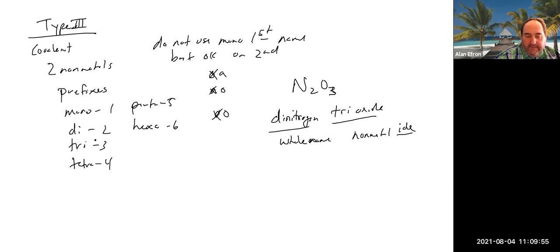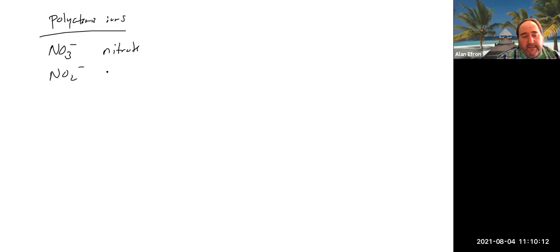We then talked about as well in terms of naming our polyatomic ions. And again, those are our guys like NO3 minus, NO2 minus, this being nitrate, this being nitrite.